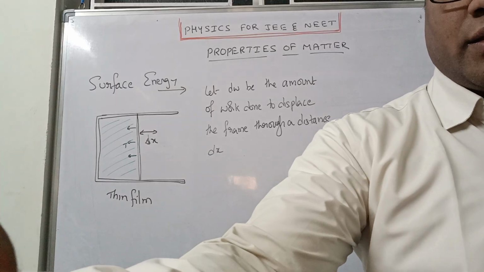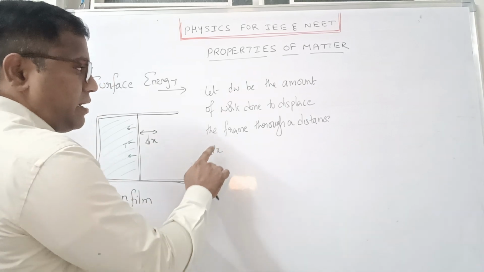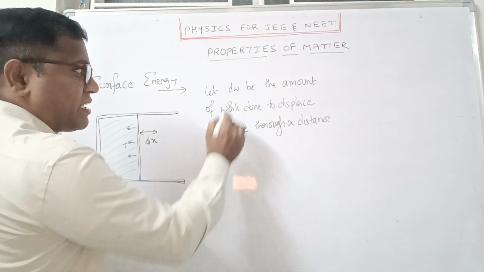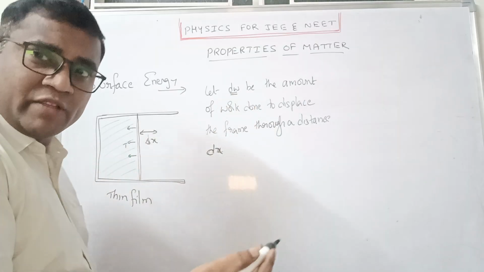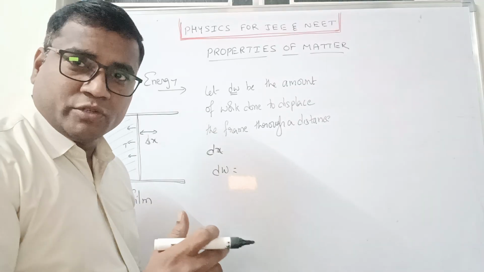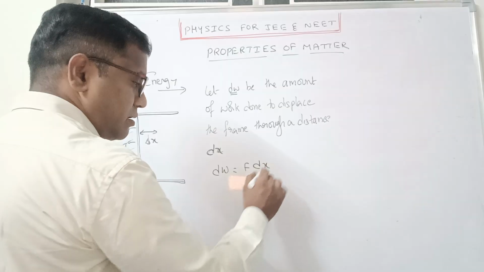In order to displace a distance dx, how much work is there? dW. So dW is equal to work done, which is nothing but force into displacement. dW is equal to force into displacement.